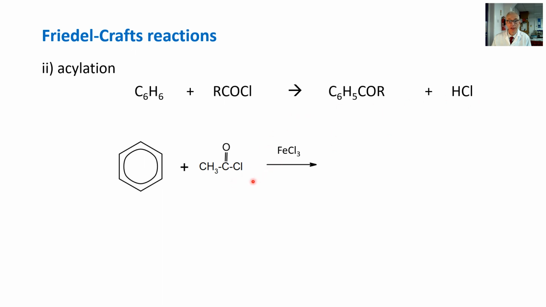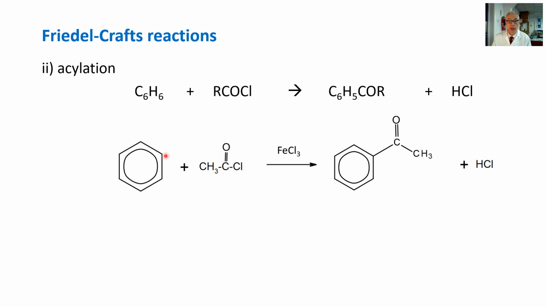Following this pattern, looking at this example, could you draw the structure of the aromatic compound formed? Pause and come back to compare your answer with mine. Okay, so we've lost the chlorine from here. The chlorine ends up in hydrogen chloride.